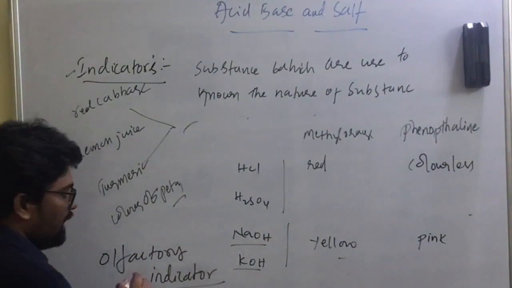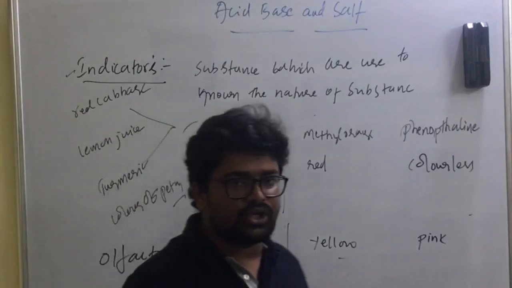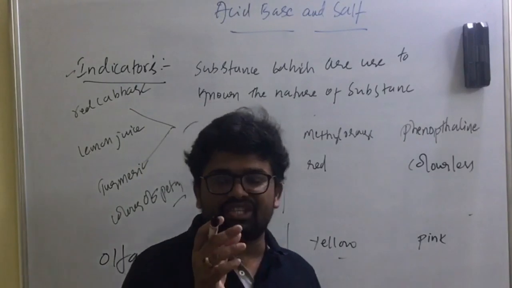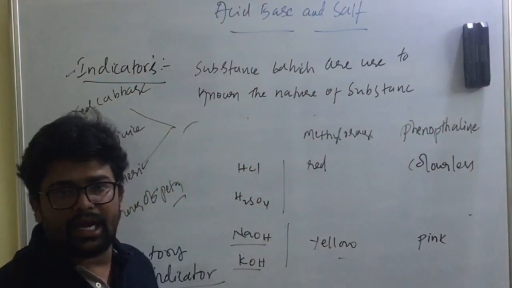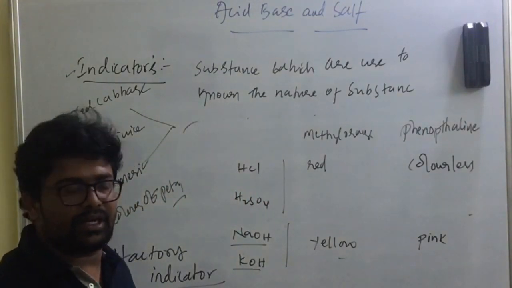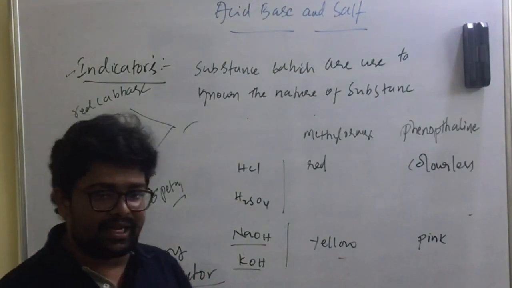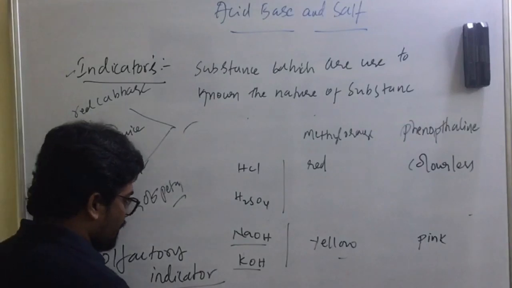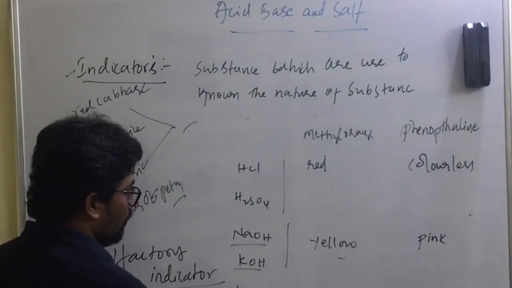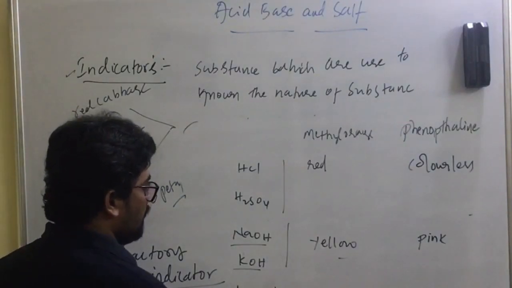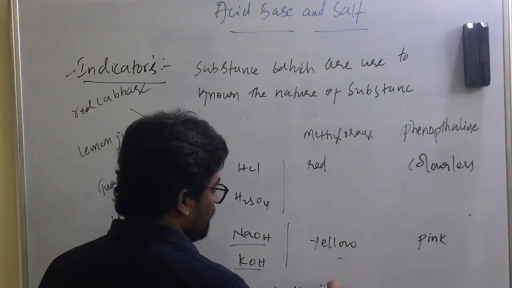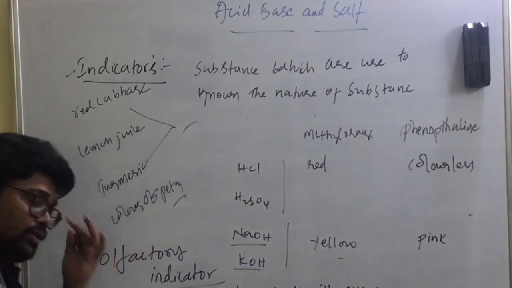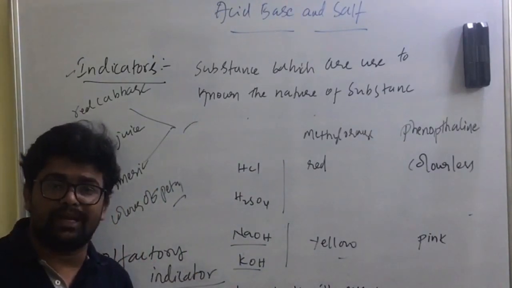These are the indicators which are used to know the nature of substance as acidic or basic by change in smell. Olfactory indicators, such as onion, clove oil, and vanilla essence, when added to a particular acidic or basic solution, there will be a change in smell.